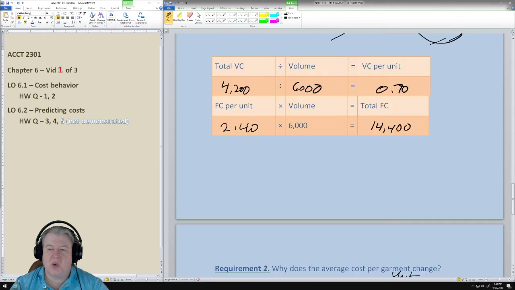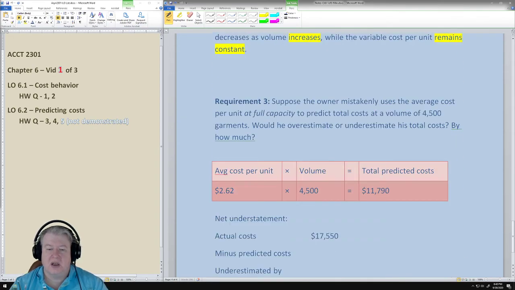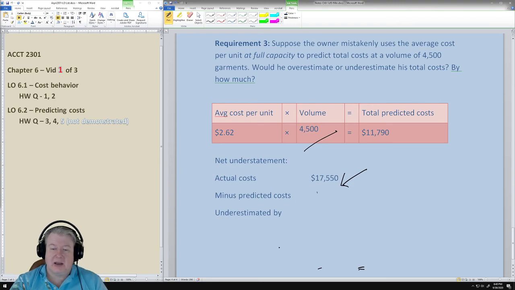But what if we charge 262 for only 4,500? Well, remember, that's not going to cover the rent. So the rent is actually 17,500. If we only applied $2.62 in fixed cost over 4,500, we're actually only collecting 11,790. So what does that mean? Well, we're going to be short 5,790. We will have underestimated by this much.